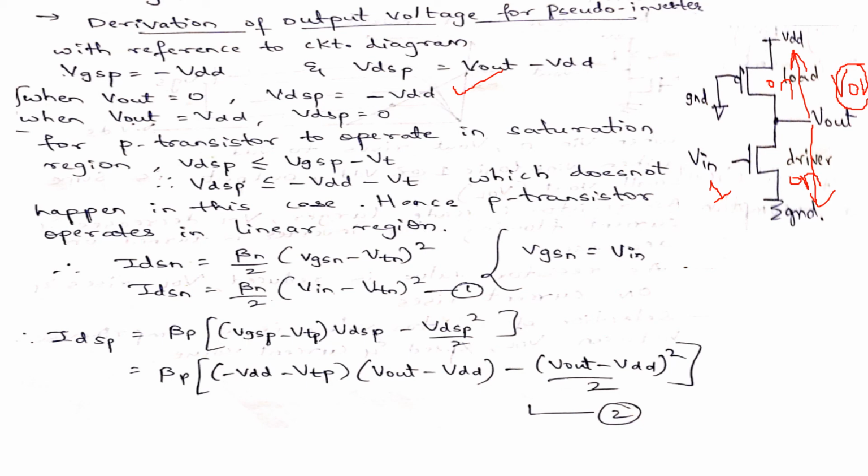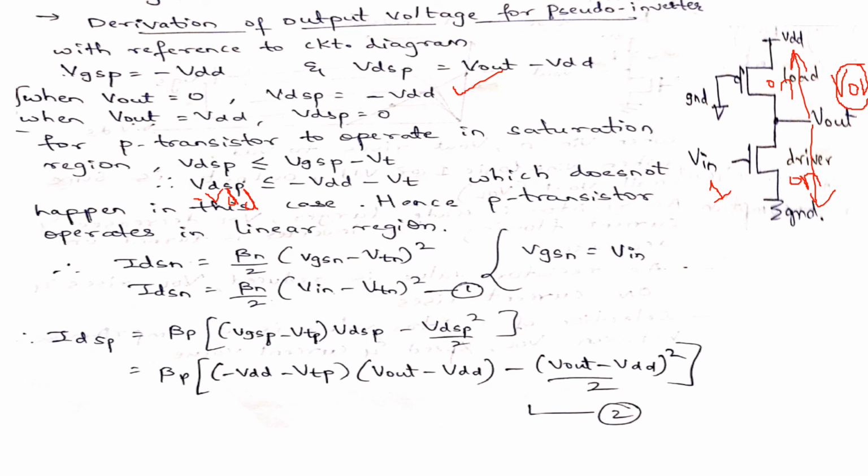So when Vout is 0, VDSP is minus VDD. Minus VDD less than or equal to minus VDD minus VT. So this condition is not satisfied, hence we say the P transistor is operating in the linear region. And since Vin is 1, this NMOS device is on, that is, input greater than threshold value. So we say NMOS operates in the saturation region. So the current for NMOS in the saturation region is beta by 2 (VGSN minus VTN) square.